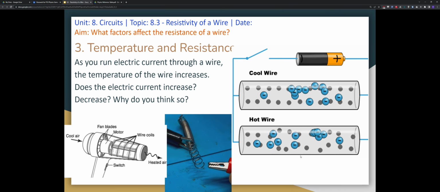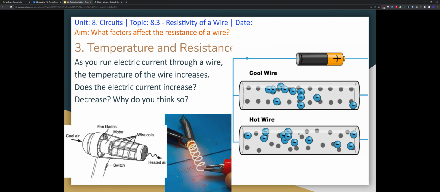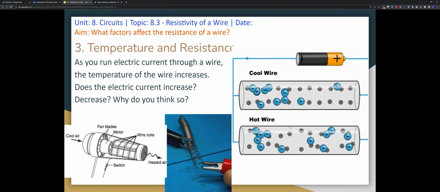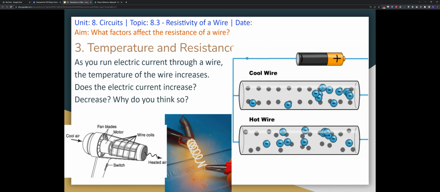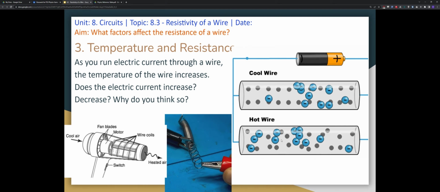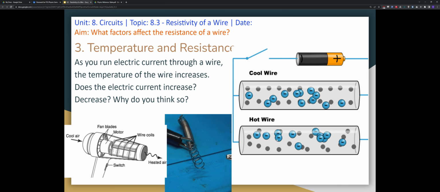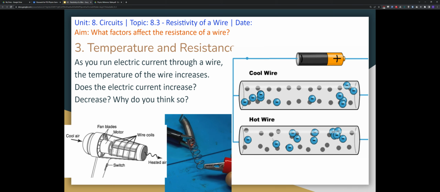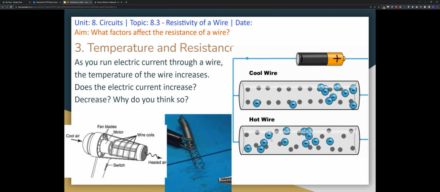But because you're increasing the temperature, these atoms in the wire vibrate more. And when these atoms vibrate more, the vibration of these atoms gets in the way of the movement of the electrons. The electrons are now bumping into these atoms more often, thereby reducing the electric current.